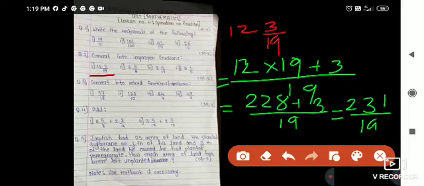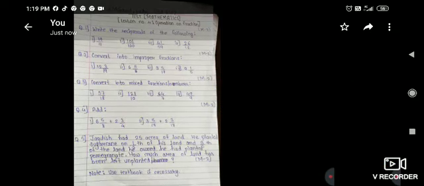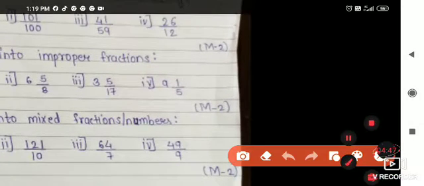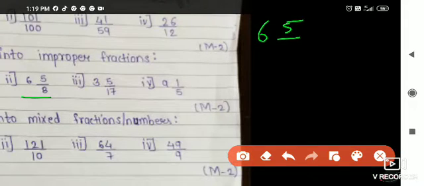Okay, now after this example, note this down, all of you. The next question is question number 2, that is 6 integer 5 upon 8. We have to convert it into an improper fraction.